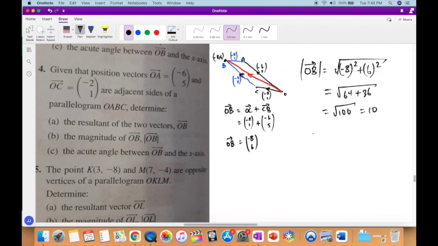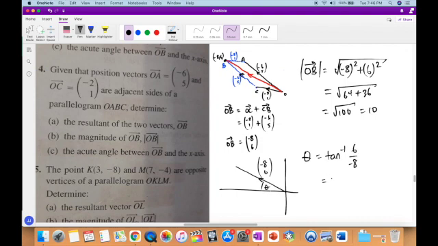And then they want the acute angle between OB and the x-axis. So if this is OB, they want the angle between it and the x-axis, this angle here. And OB is negative 8, 6. So what do we know? We know that that angle is the tan inverse of y over x.